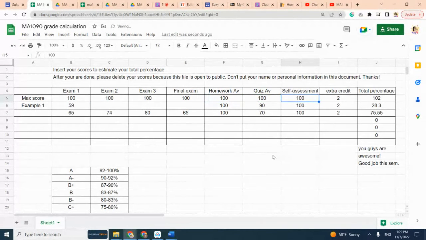Okay, so you play with that. Okay, that's the total percentage. And then your scores. So you can put your exam 1 score here, exam 2 score here, exam 3. We don't have exam 3 and the final exam yet, but you can put some numbers here to calculate how many points I need to have on my exam 3 and the final exam in order to pass the course.